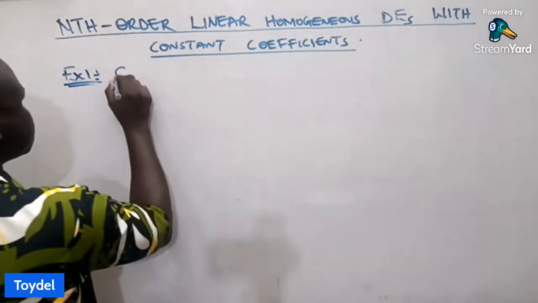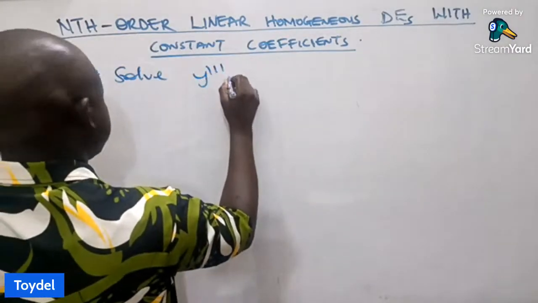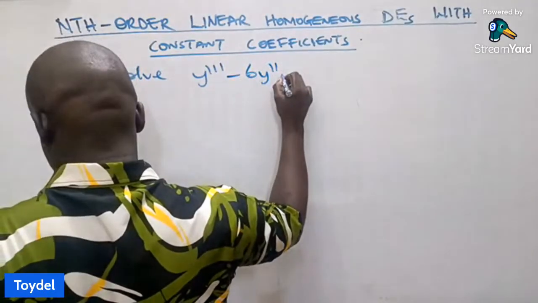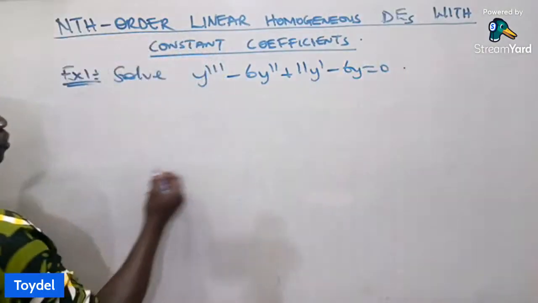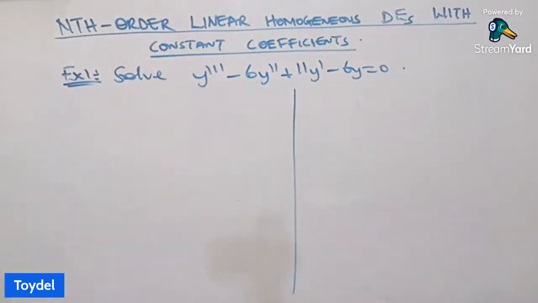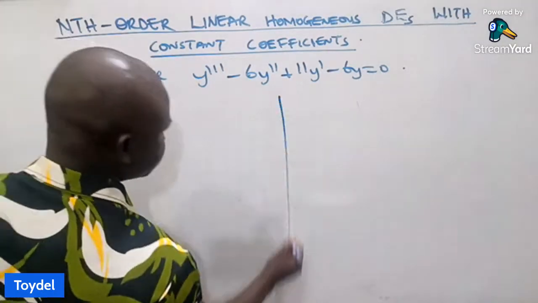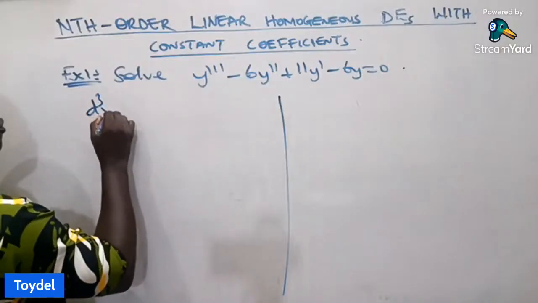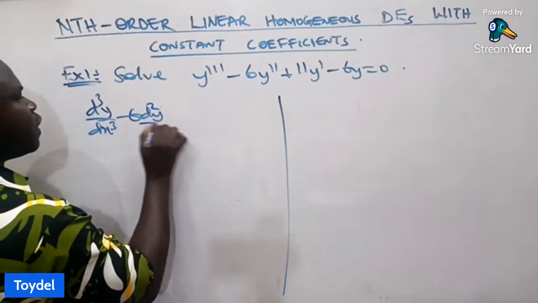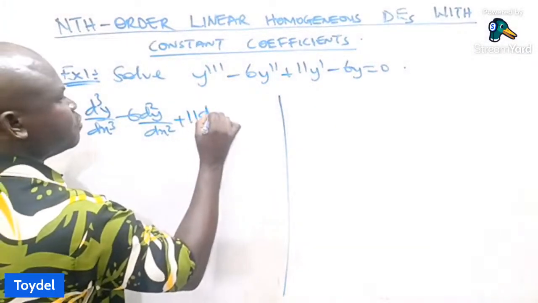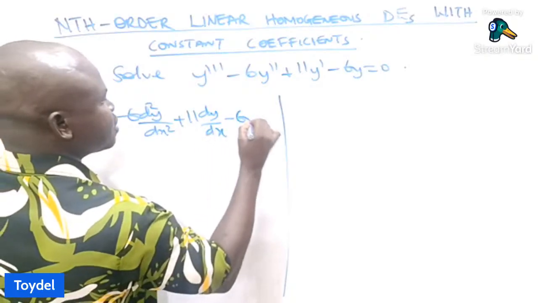where we are asked to solve y prime prime prime minus 6y prime prime plus 11y prime minus 6y equal to 0. If you look at this critically, in this case we have d cubed y over dx cubed minus 6 d squared y over dx squared plus 11 dy dx, then minus 6y equal to 0.